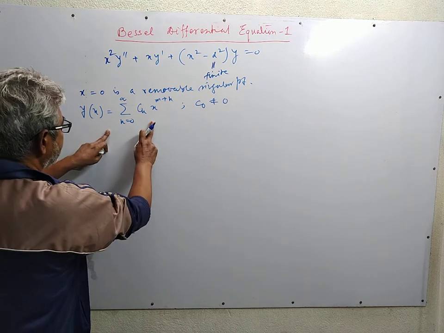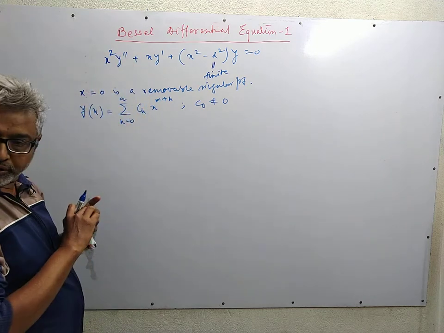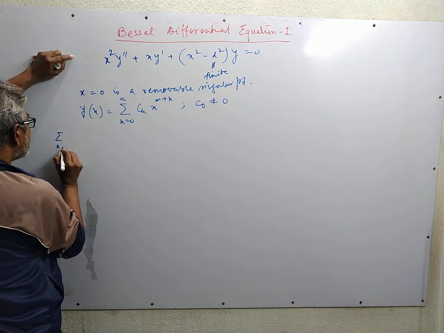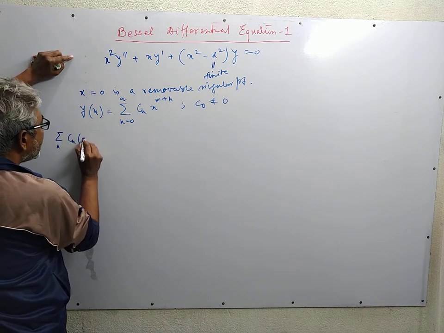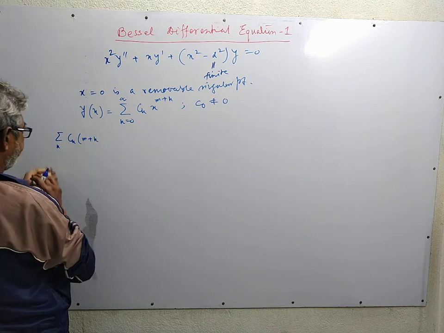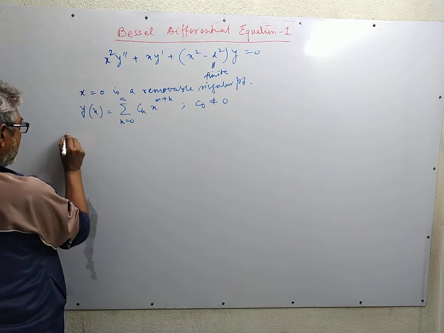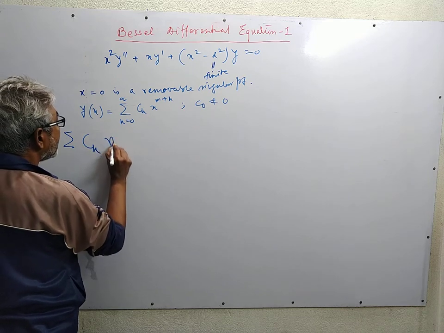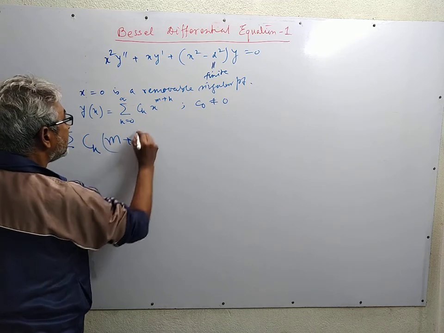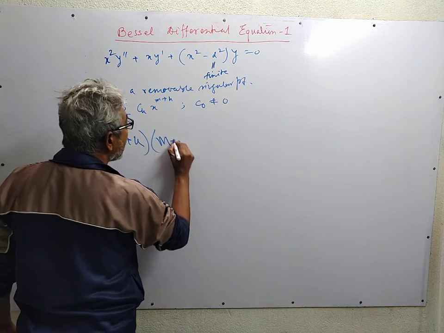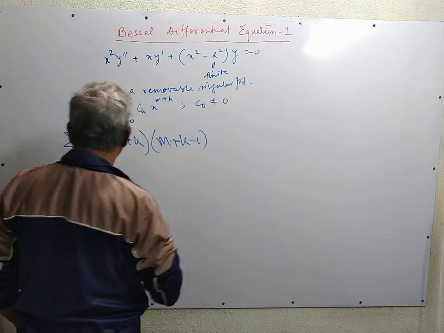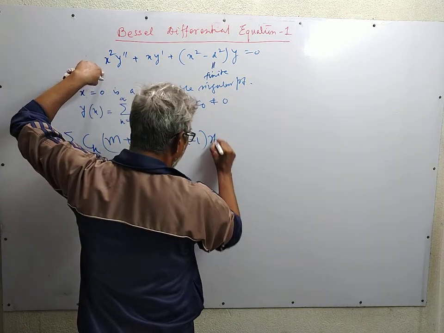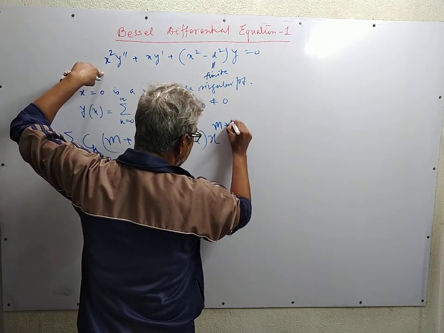We differentiate it and put it in the equation. From the first term we get summation over k of c_k (m plus k)(m plus k minus 1), and the power of x is m plus k.